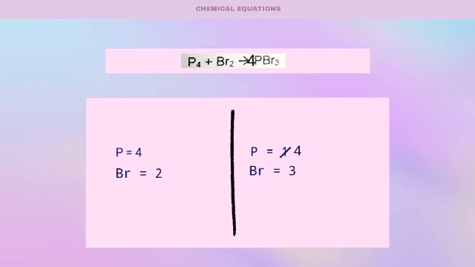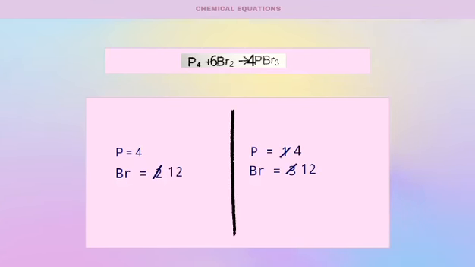However, subscripts cannot be changed and are always multiplied by the coefficient, which means there are now 12 bromine atoms on the right side of the equation and only 2 bromine atoms under the left side. And to balance this, I would add the coefficient 6 before Br2 under the left side, so there are now 12 bromine atoms on each side, because if we multiply the 6 by 2, it is equal to 12. So the number of atoms in each element is the same on both sides of the equation, so it is now balanced.